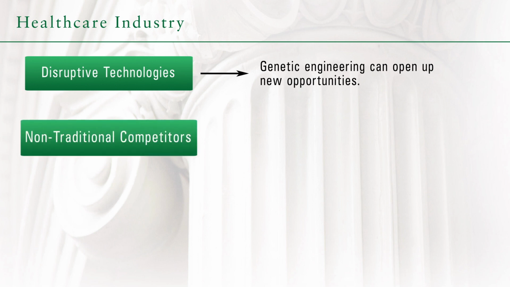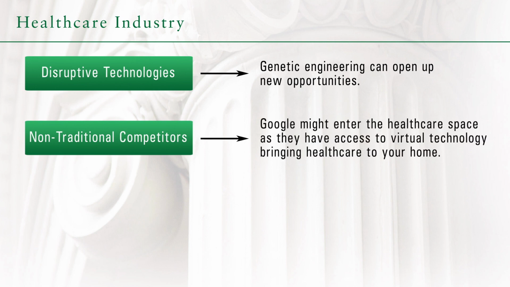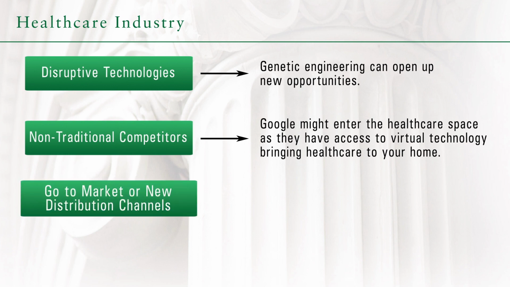Then take a look at non-traditional competitors. A Silicon Valley tech company like Google could suddenly enter the healthcare space because they have access to virtual technology and they can bring health to your home. And how are you going to respond to such non-traditional players? Go-to-market strategy.